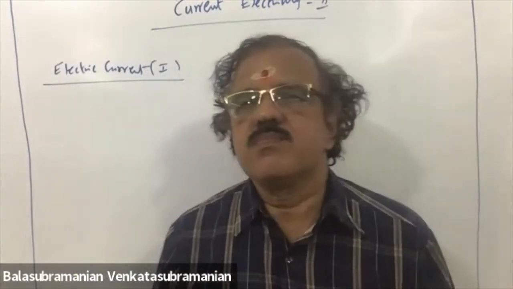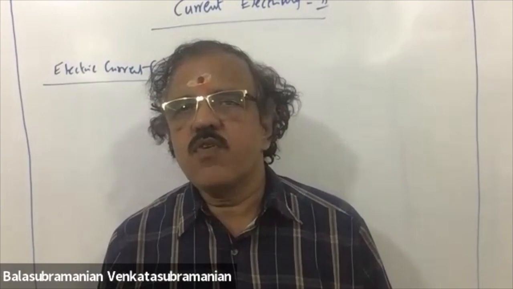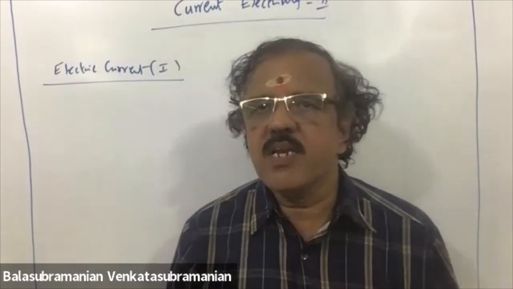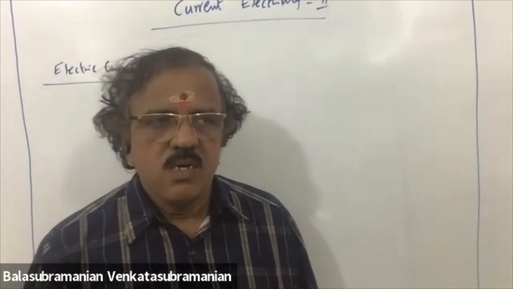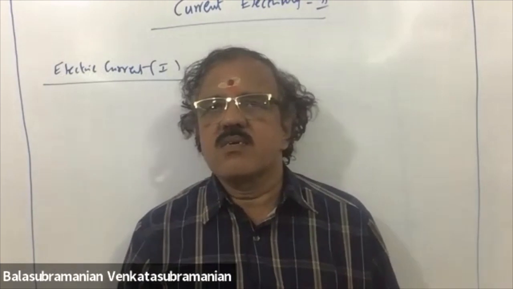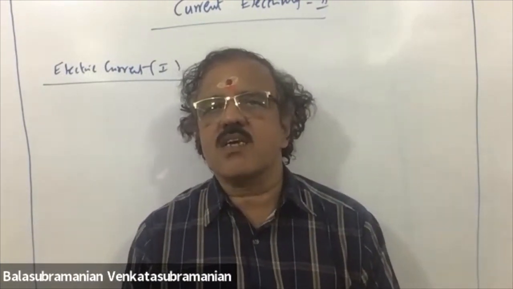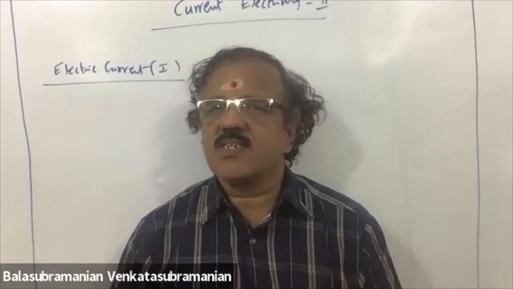We heard that current is passing because of flow of electrons in a wire. The main concept of current is flow of electrons. When you take a wire, when it is not subjected to any external electric field, the electrons are moving in random direction.